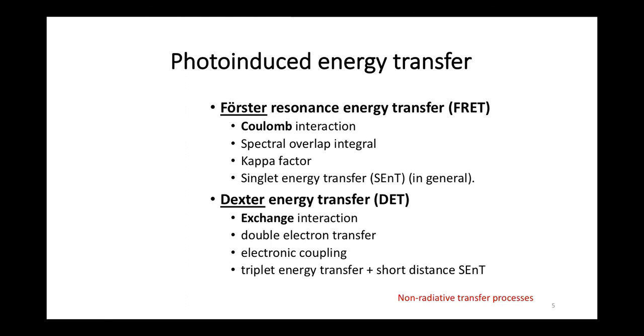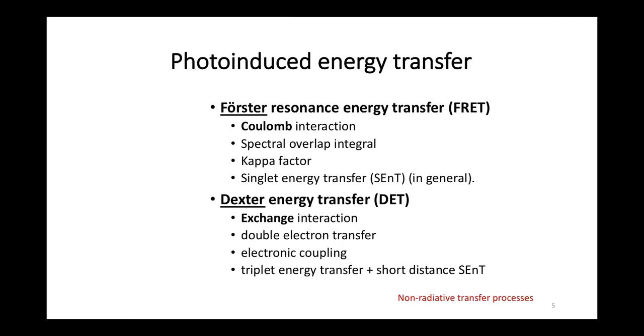Förster Resonance Energy Transfer, we sometimes call FRET. Sometimes people also say fluorescence resonance energy transfer, but that's actually not correct. It is a Coulomb mechanism, and within this mechanism, it's especially the spectral overlap that governs the rate.